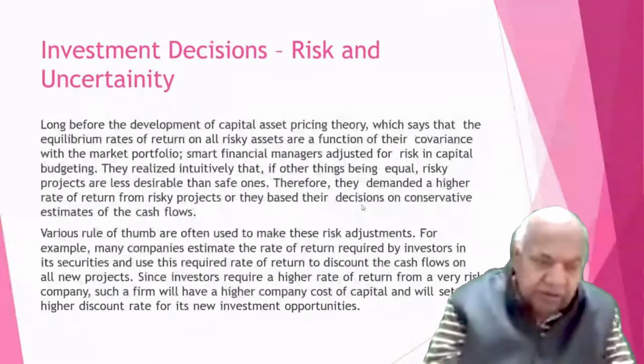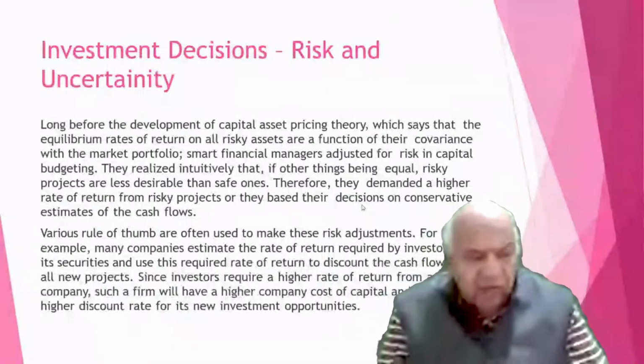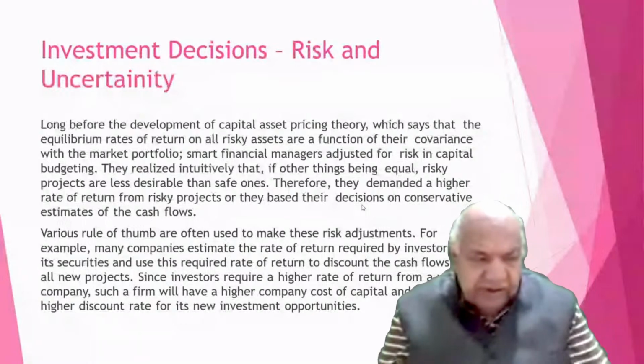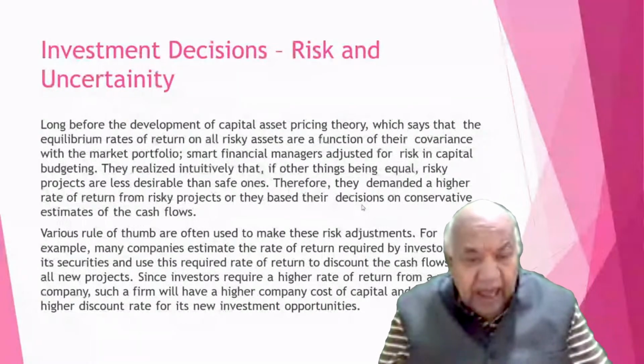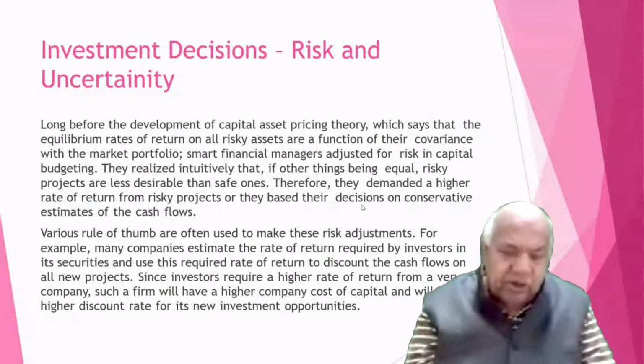Since investors require a high rate of return from a risky company, such a firm will have a higher company cost of capital and will set a higher discount rate for its new investment opportunities.